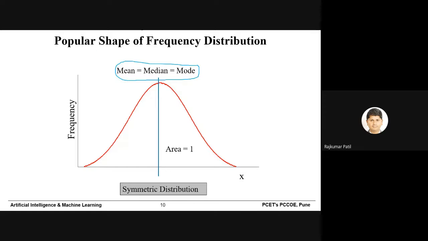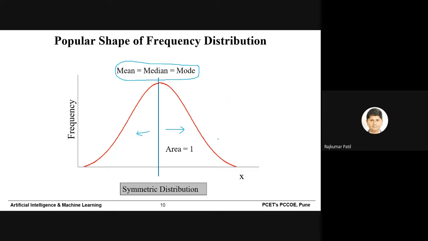From that vertical line, on both sides 50% of the data is distributed. Theoretically, we expect a normal distribution when we generate a lot of data.